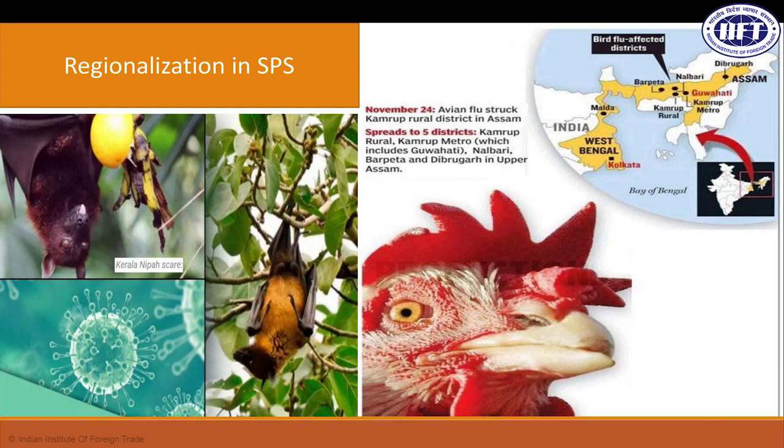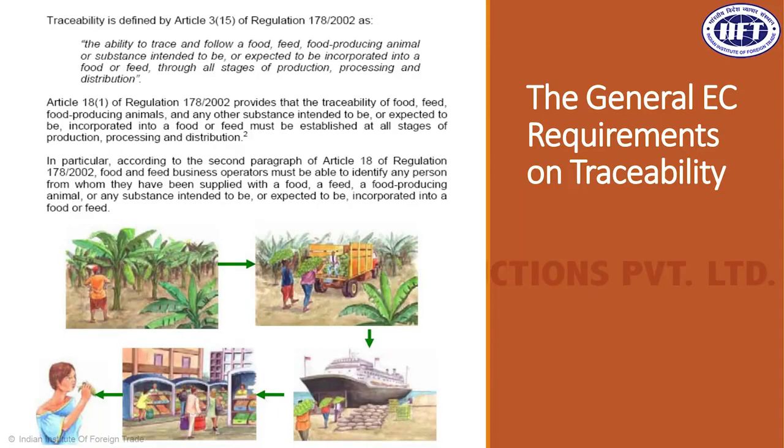And how do you do that? Through the concept that Europe is very particular about, known as traceability. If you're an exporter of a final product, say a tomato juice, you need to have a traceability certificate right from farm to fork, to ensure that your sourcing of tomatoes has not come from the affected zone and that you are completely off that track.